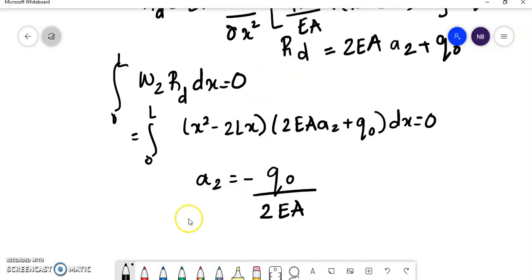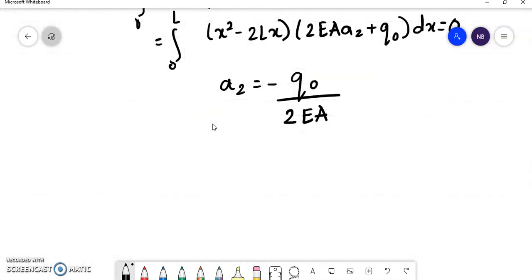So we've got the value of a2. We now substitute the value in equation 2.